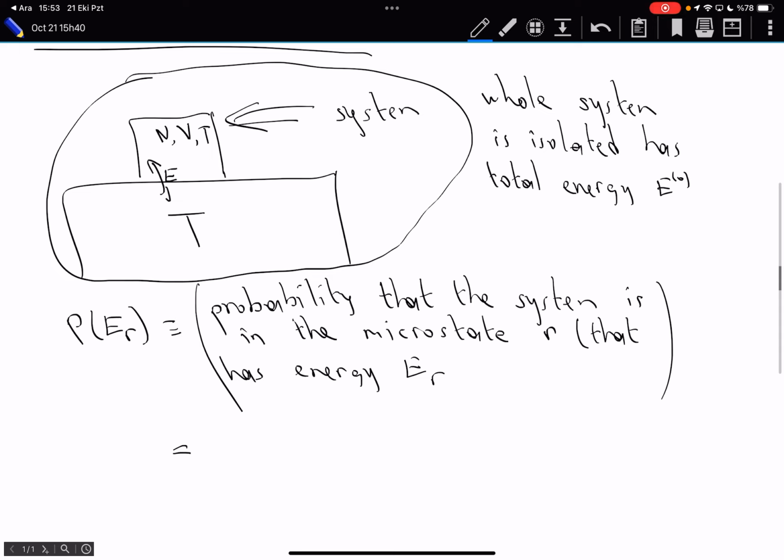My whole system has some energy. It is fixed since the whole system is isolated. But now, since it's an isolated system with fixed energy, number of particles, etc., I can use the microcanonical ensemble to describe the whole system, my system plus the reservoir. So now I can ask this question of this probability to my whole system. What is the probability that my subsystem will be in the microstate R, in one particular microstate?